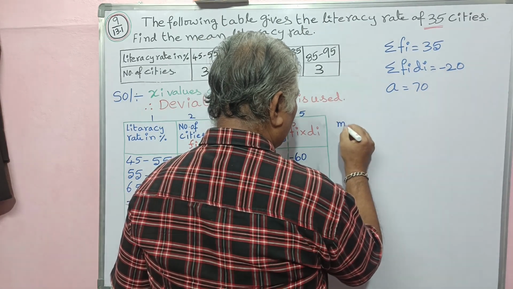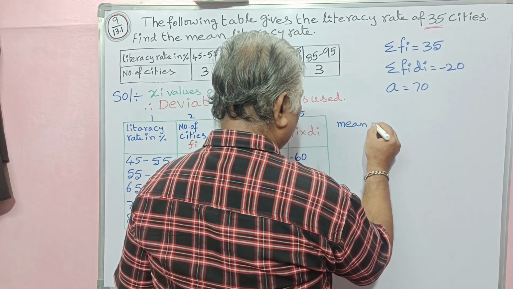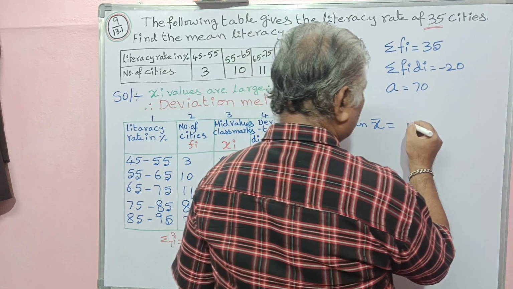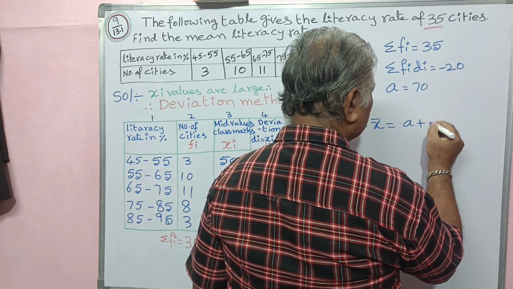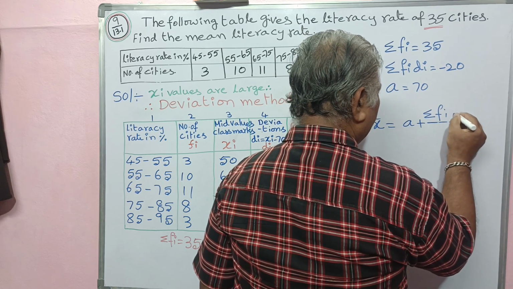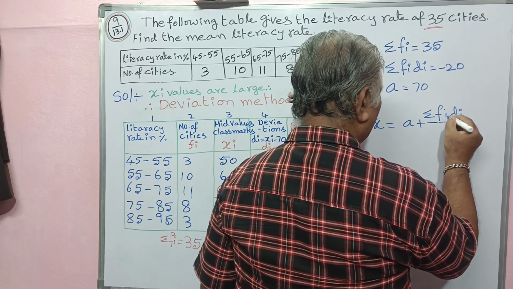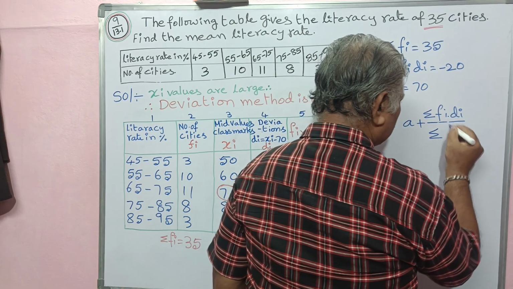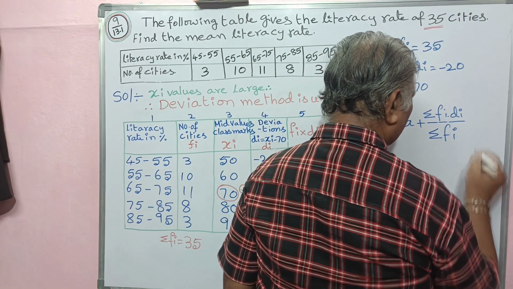Mean x bar is equal to A plus sigma Fi Di by sigma Fi.